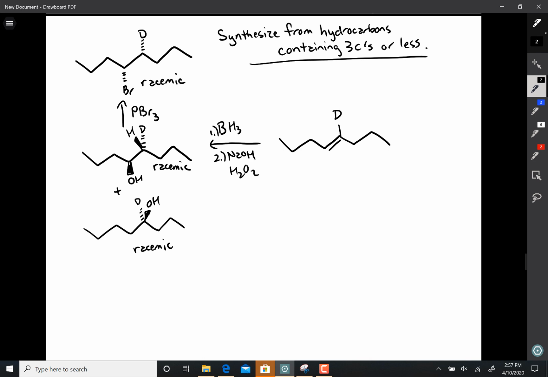Now, one way around this is, instead of adding an H and an OH, you can add an OH and a hydrogen that's actually a deuterium.